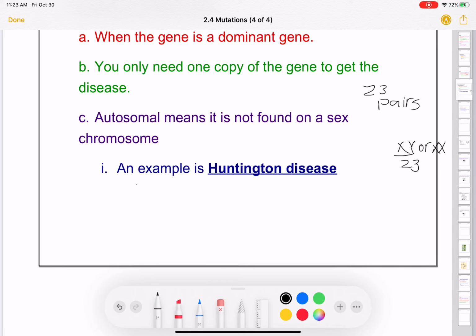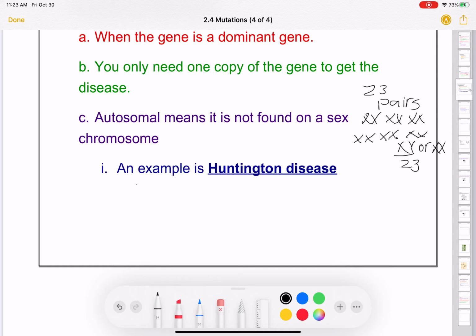The rest of them, regardless if you're male or female, are all little X's. So there's 22 pairs of those all connected together. So think of that as 44 chromosomes that could have an autosomal genetic disorder.